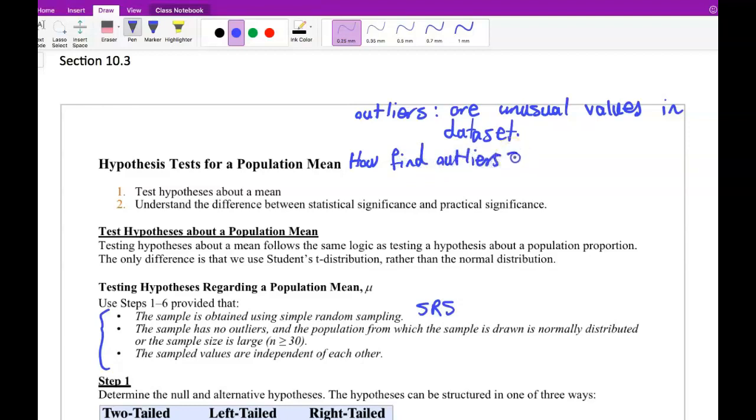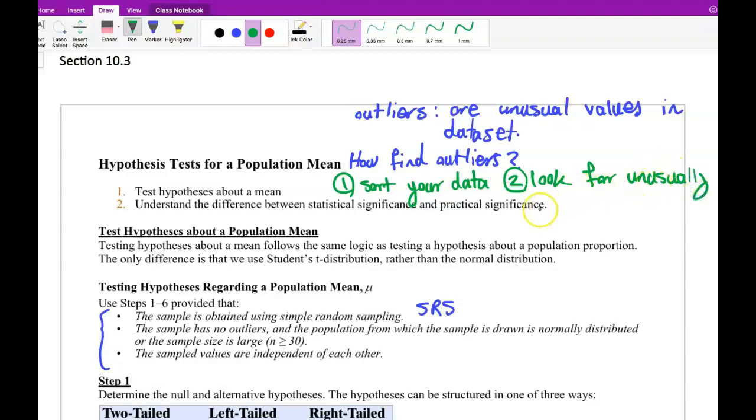Okay, how to find outliers? First step, sort your data. Then second step, look for unusual high or low values.